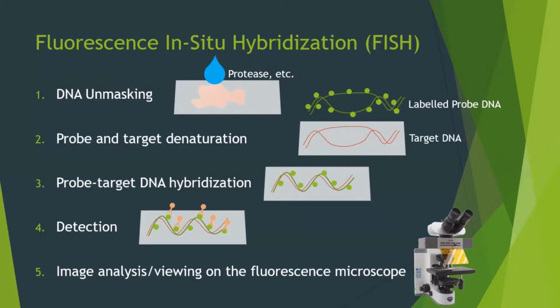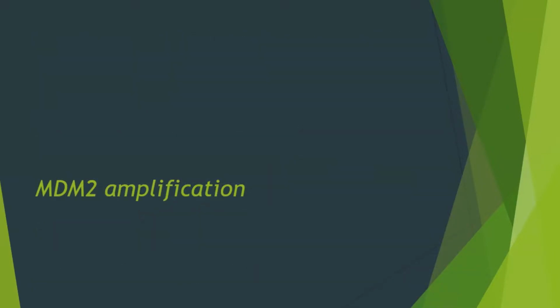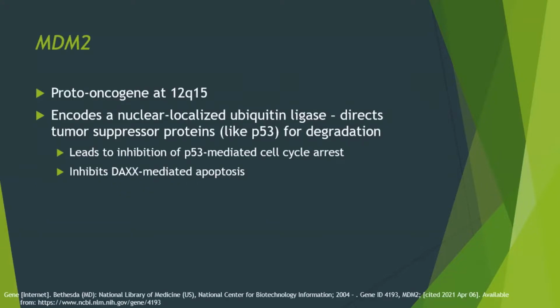So let's now go to the different FISH tests that are available in our country. First, we have MDM2 amplification. MDM2 is a proto-oncogene located in the long arm of chromosome 12. It encodes a nucleus-localized ubiquitin ligase, which attaches ubiquitin to tumor suppressor proteins like p53 and DAX.